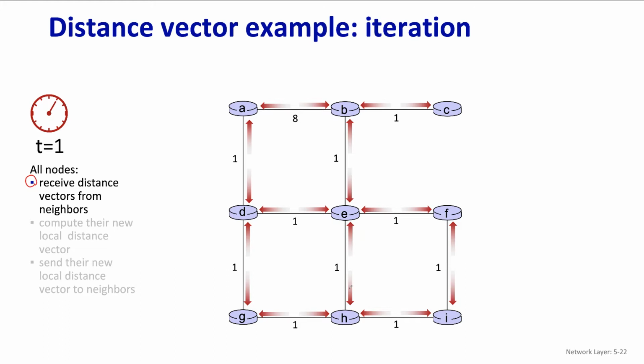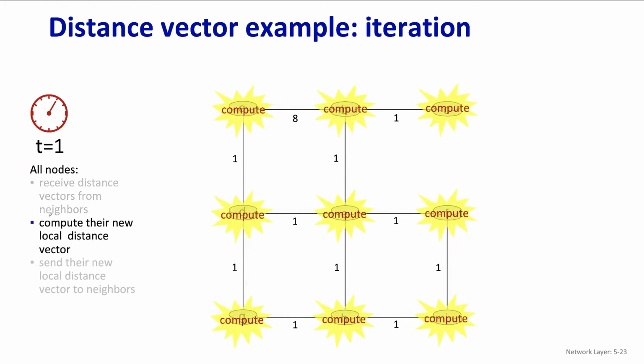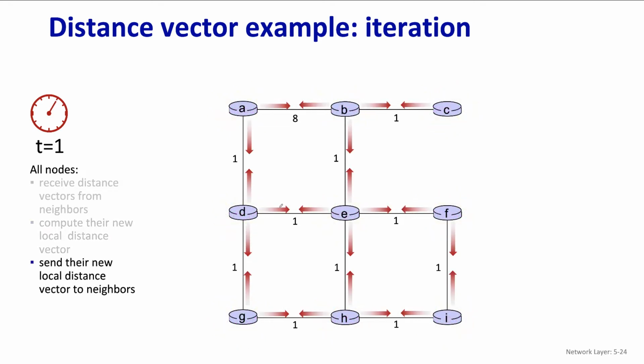Once you receive it, you're going to do the computation based on your own distance vector and the received distance vector, to see if you have any updates or not. If you have no updates, then that's fine, you stop there. But if you have an update, then you will update your distance vector and then send the new local distance vector to your neighbors.